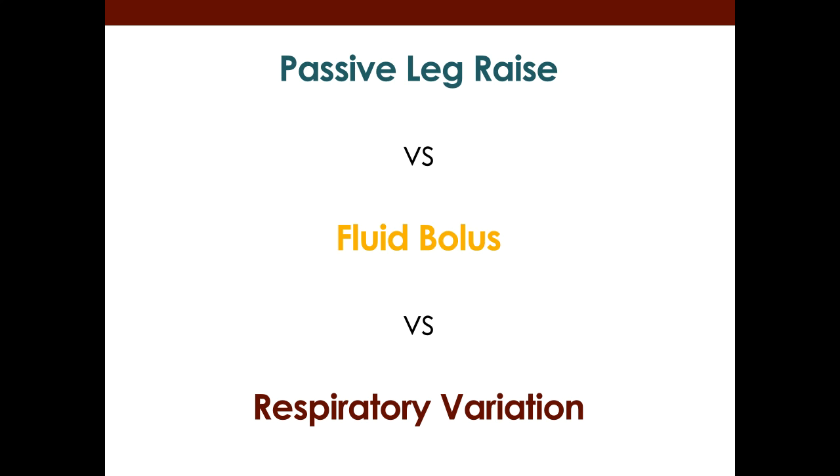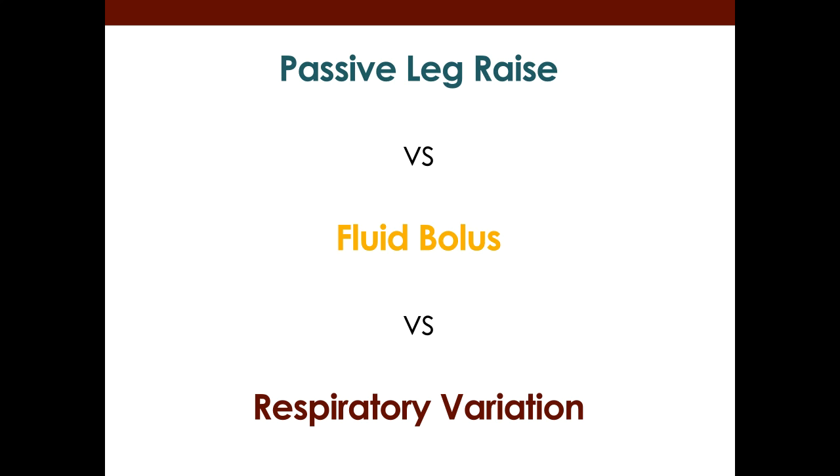It's nice and reversible. Respiratory variation is something else that people use as a sort of physiologic fluid challenge, and we'll talk about that a little bit more in the context of IVC ultrasound. But the issue with respiratory variation is that it works by far the best in patients who are mechanically ventilated.